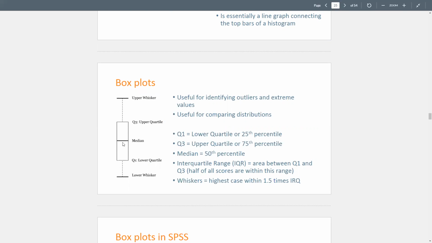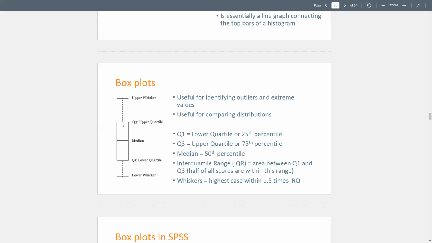The line typically represents the median. Sometimes people put a dot in there to represent the mean of the distribution. The median is the 50th percentile, the point in the distribution where less than half of the cases are below that point. The first quartile is the 25th percentile, and the third quartile is the 75th percentile.